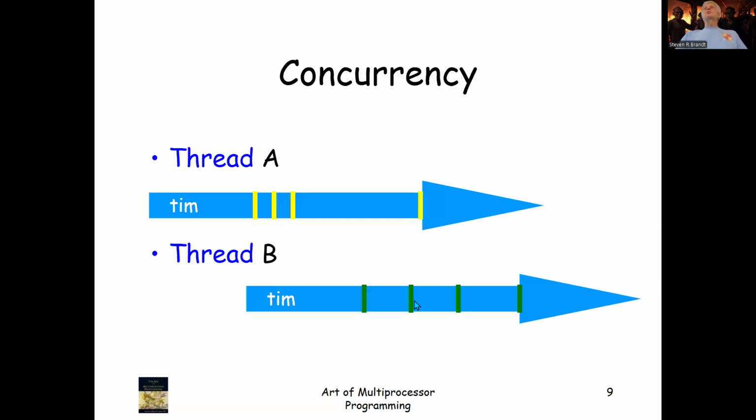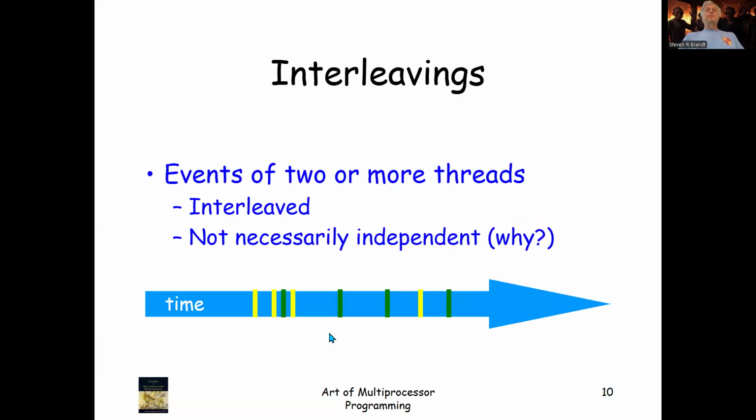What we want to try to do when we talk about our programs from here on is reason about the ordering, or possible ordering, of events on these 2 threads. The point is these are going to be interleaved, and their behavior is not necessarily going to be independent, because they might be mutating shared state.